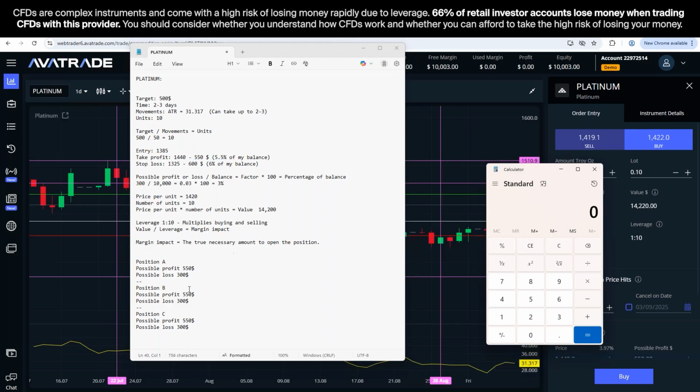Okay? If we would work with the initial ratio, this would have looked like this. Okay, versus this is before we've made the adjustment. So if we lose on all of the positions, 1,800, it's even more than the profits.